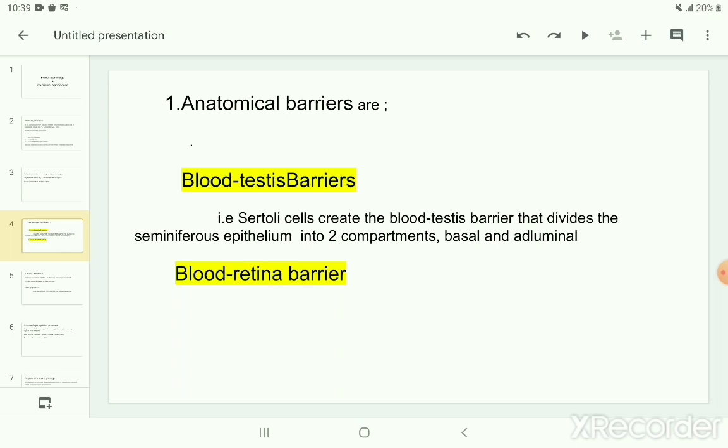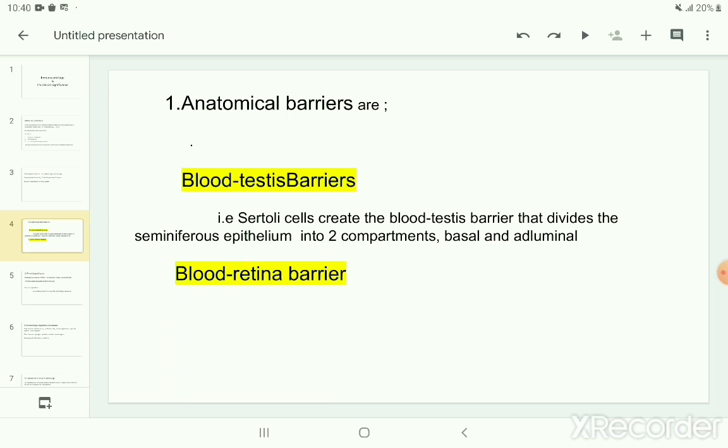These anatomical barriers include the blood testis barrier, in which the Sertoli cells create a barrier and divide the seminiferous epithelium into two compartments, basal and luminal. The purpose of this blood testis barrier is to protect the developing spermatids from immune responses. They are not exposed to our immune system.